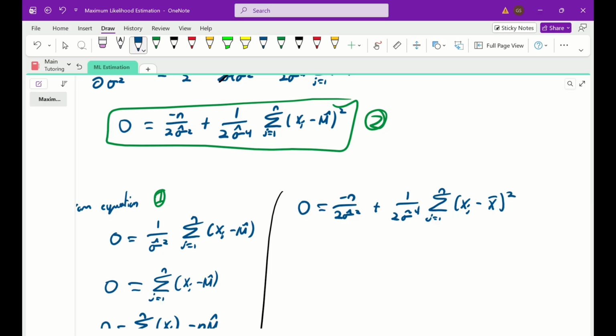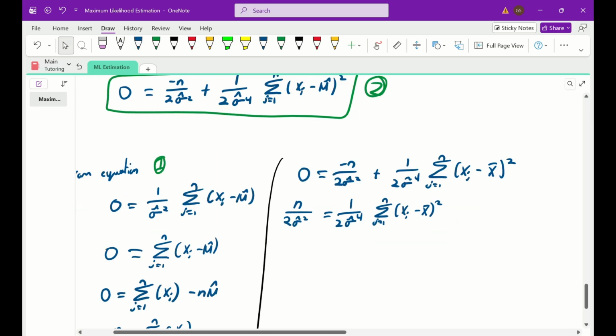To solve this, we can add this term to the other side. So 1 onto sigma hat squared is equal to 1 onto sigma hat to the 4, sum from j equals 1 to n of xj minus x bar squared. And then let's see what we can do here.